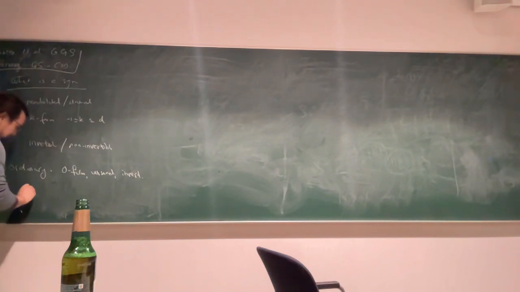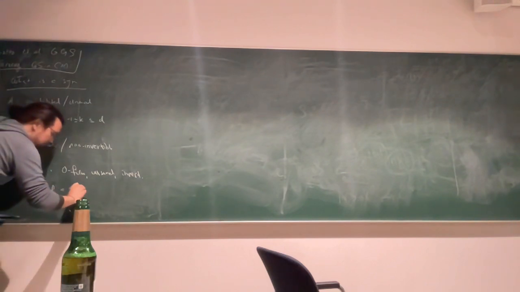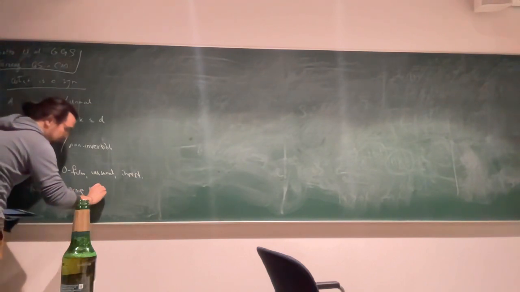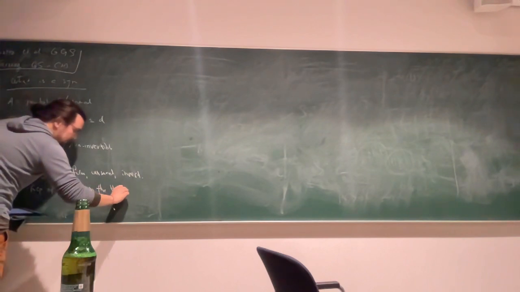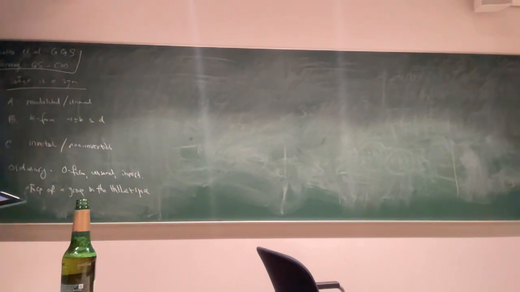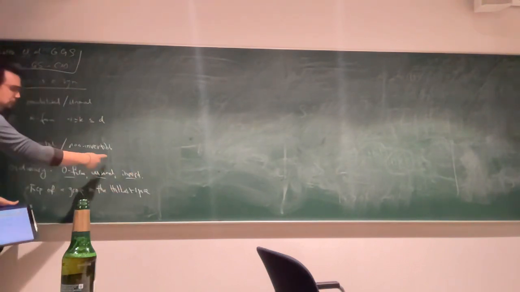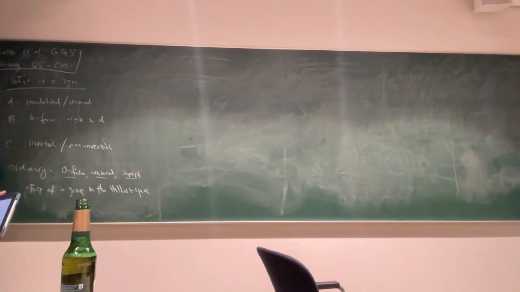So I'll just write rep of a group on the Hilbert space. So groups have inverses, which makes them invertible. They act on the entire system, which is what makes them zero form. Their charges are zero dimensional. And they act homogeneously in space, which makes them unmodulated.